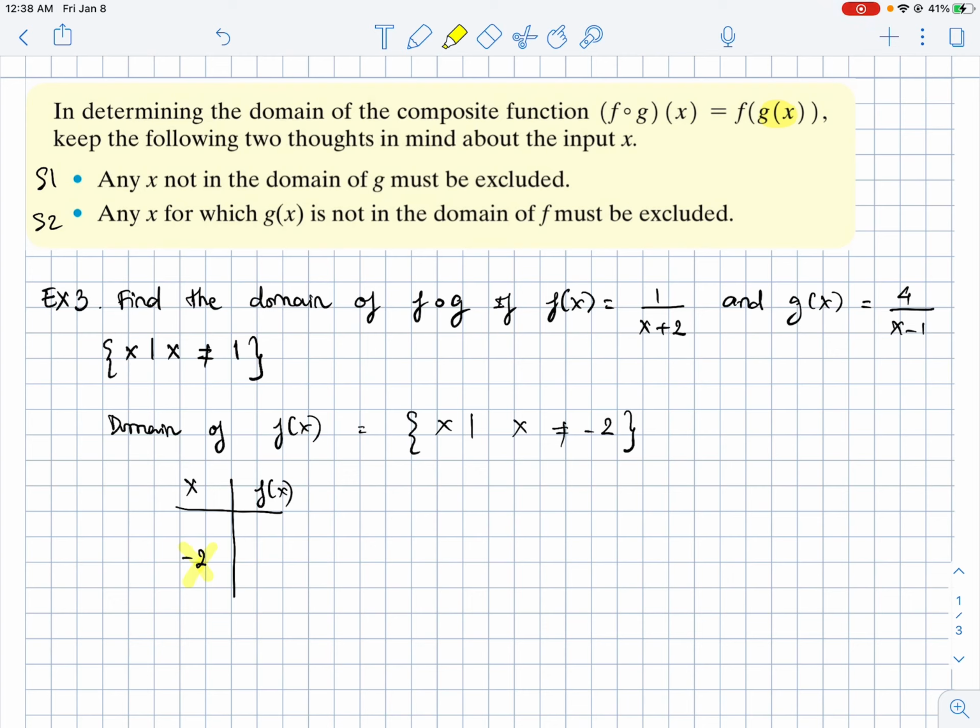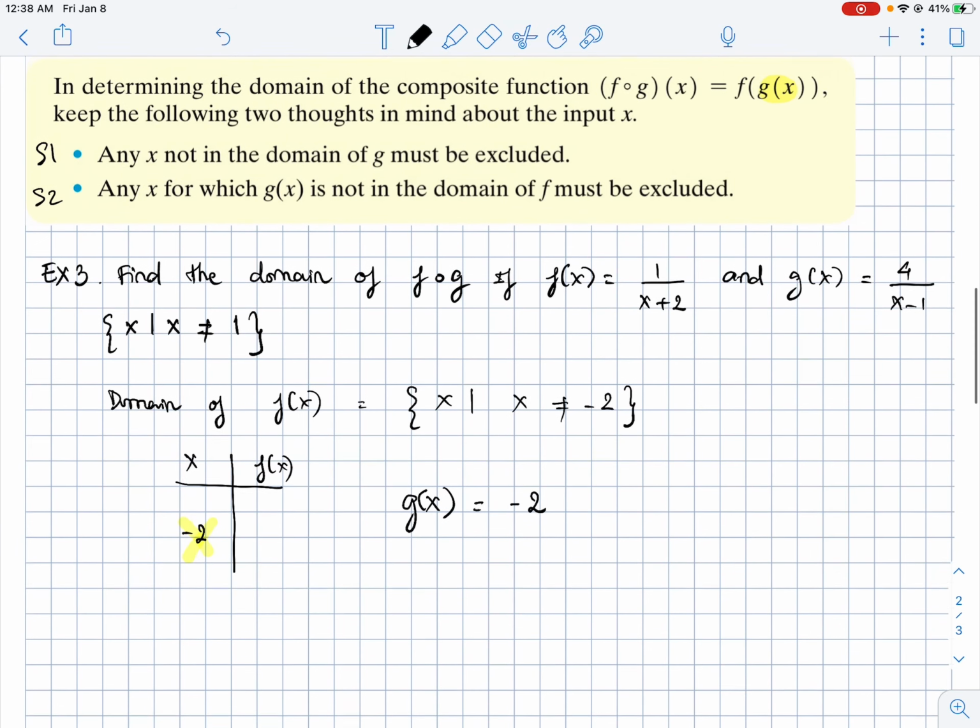So if g of x equals -2, that will give us undefined for function f. To find the value, we will set g of x, which is the input of the function f in the composite function, to not equal -2.